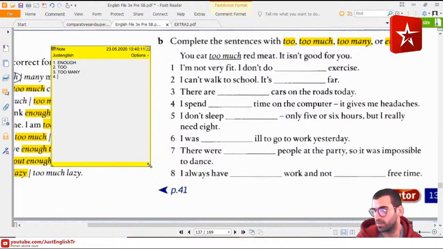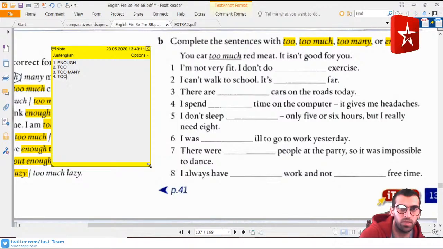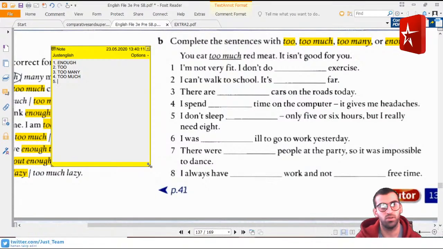I spent too much time, because time is a non-countable noun. That's why we have to use too much. I spent too much time on the computer. It gives me headaches.